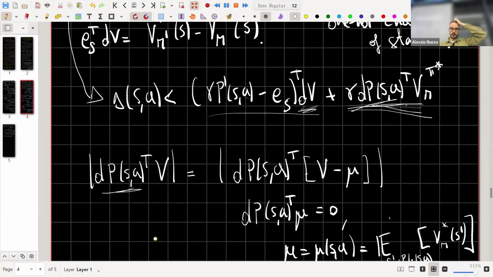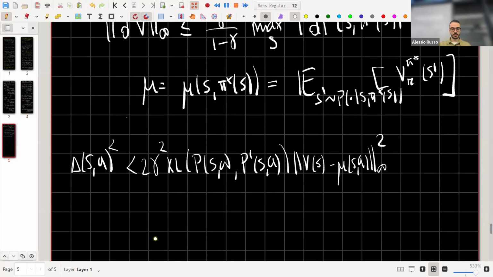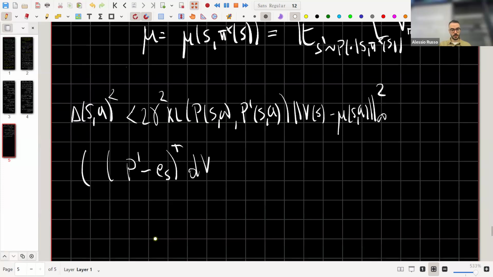Now we also have the other quantity. When we take the absolute value of this quantity, we can apply again Hölder's inequality. So let me write it explicitly. We have something like P prime minus ES transpose dV.